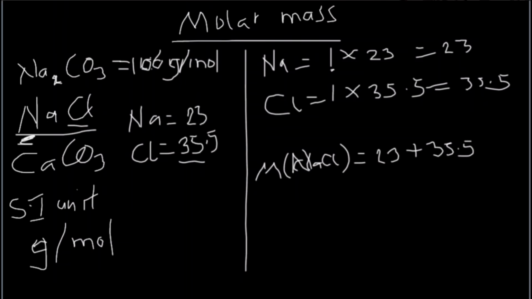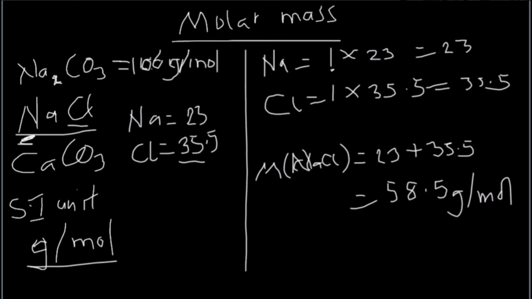Or you can write 1 times 23, 1 times 35.5. After that, you break it down to 23 plus 35.5. It will give you 58.5, and it has unit gram per mole. I hope it's clear.